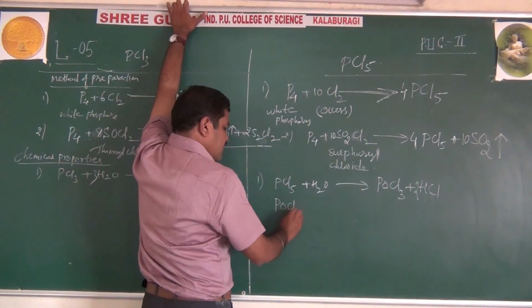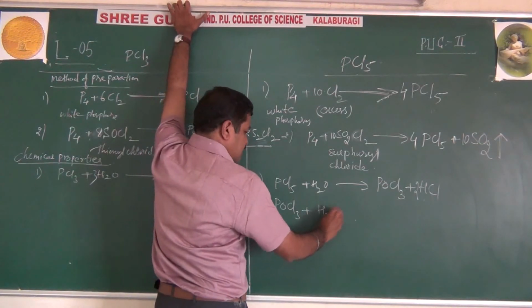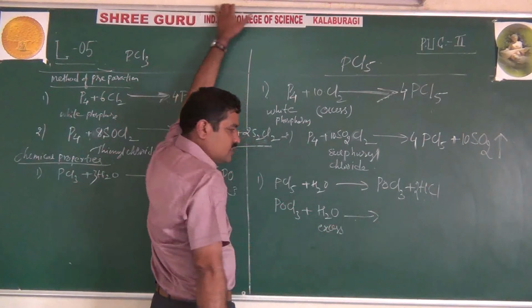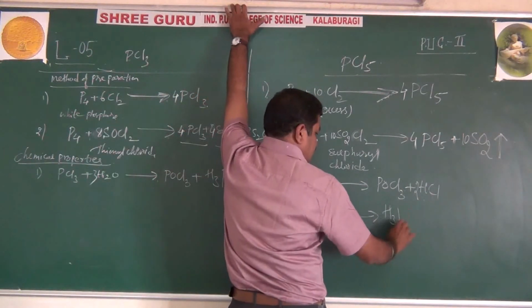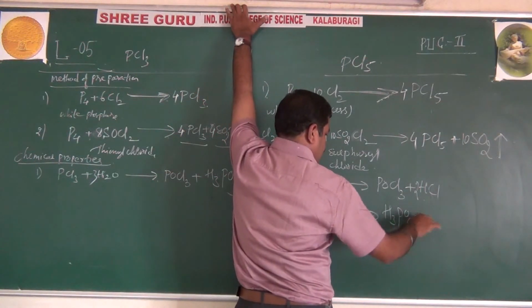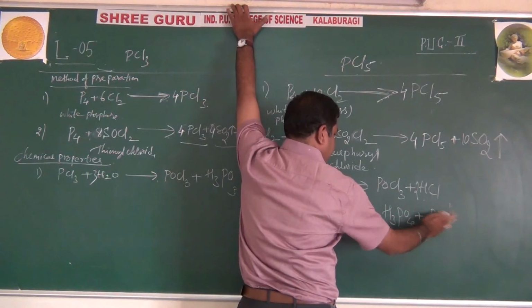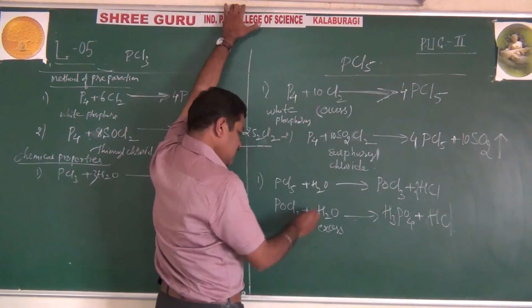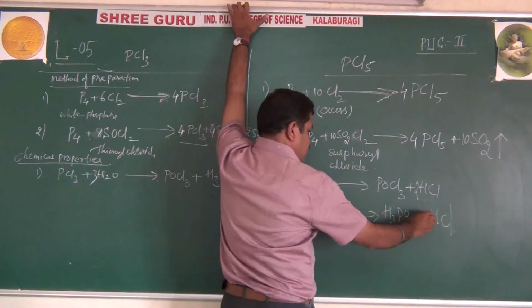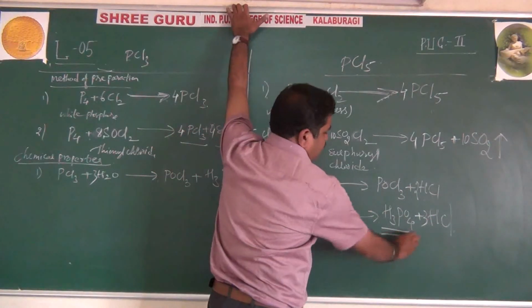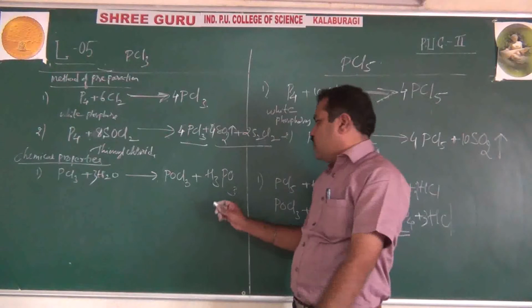Further, POCl3 with excess water undergoes hydrolysis and forms H3PO4 and 3HCl. This is called phosphoric acid and this is called phosphorus acid.